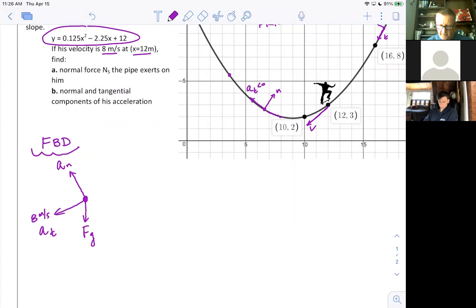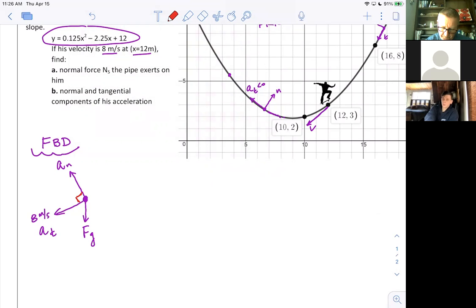What else is happening to this? Is there any other things going on? Is there any other things I need to consider? What's happening here? I'm missing one. Who knows what it is? It was something we had to add for the skier Tuesday as well. Normal force?